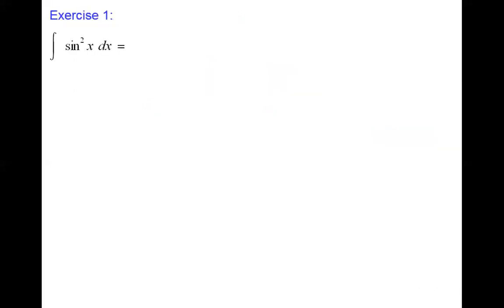Let's see. I do have just this one because I can consider that cosine of x is taken to the power of 0. That means it's gone. So this is also this type, sine square of x dx. We have to use the half angle formula. I will replace sine square of x with 1 minus cosine of 2x over 2.